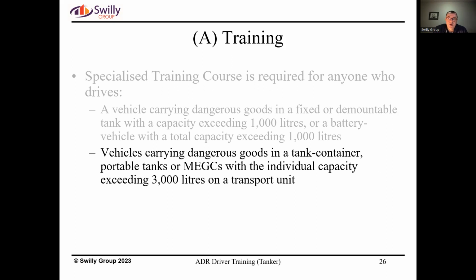You could have three tank containers on the back of the vehicle, all 2,000 capacity each, and you could have maybe up to 6,000 of product across the three of them, but you wouldn't come onto tankers, and you'd be happy enough with your initial basic course, or your initial basic certificate. Whereas if you have one tank container on there and it's above 3,000 liters, say you have a 4,000 or 4,500 liter tank container, then you're into tanker specialization, so you need your tanker cert then.